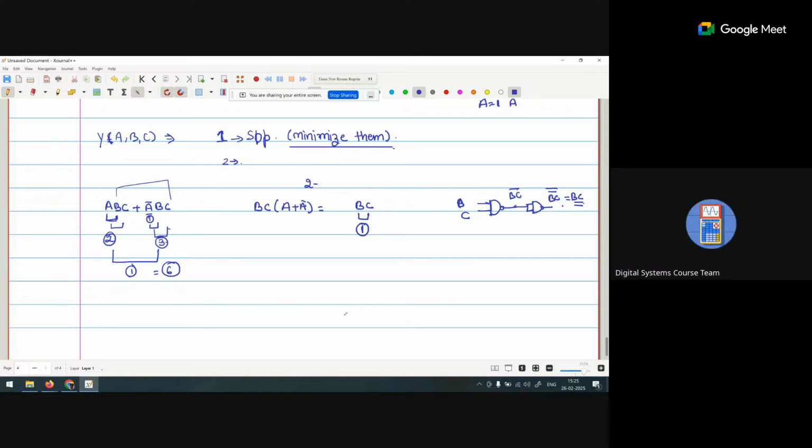Okay, but sir, can it also happen that if I use 3-input NAND gates and 3-input NOR gates, and without simplification I only do the SOP form, then the number of required NAND and NOR gates may come lesser than if I simplify it first? If we have an equation with three inputs, either a bar b bar c bar, or abc, any value, there is no need to minimize.